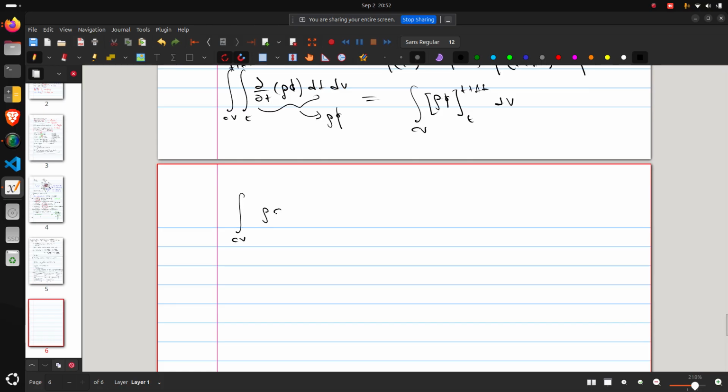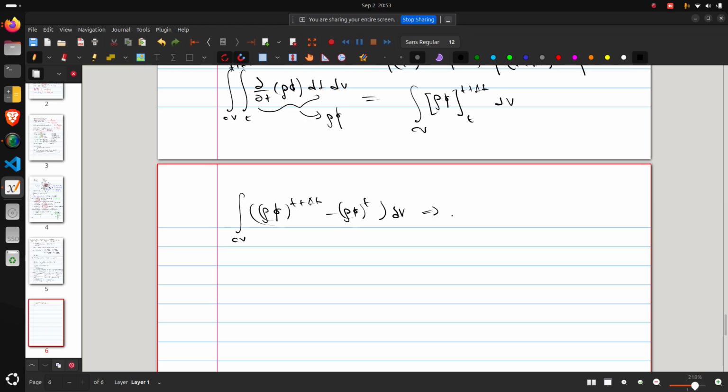So this is ρφ at t plus delta t minus ρφ at t, times dV, right? And we can just replace this integral with a multiplication with the discrete volume.